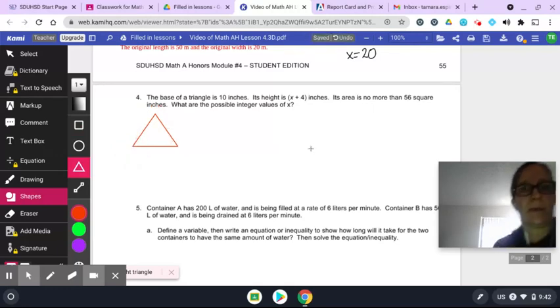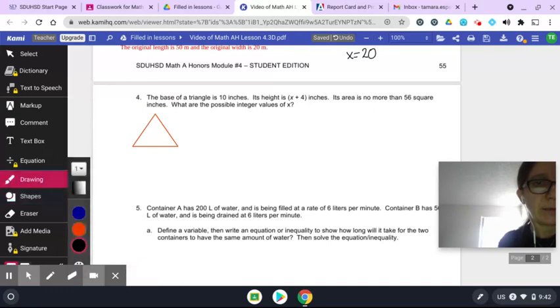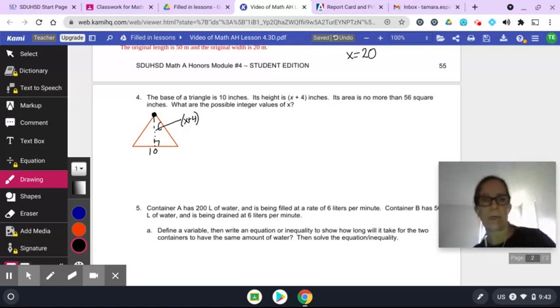Okay, the base is 10. So let's draw that. My base here is a 10. Good. And the height, remember height is not necessarily a side, it's perpendicular from one vertex to the opposite side. X plus 4. Okay, the area. How do you find the formula for area of a triangle?